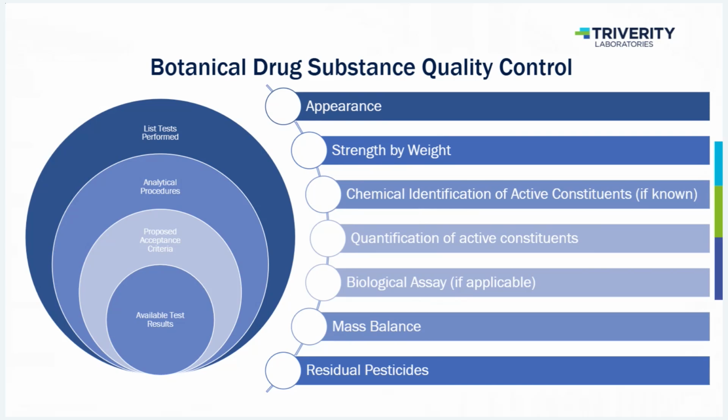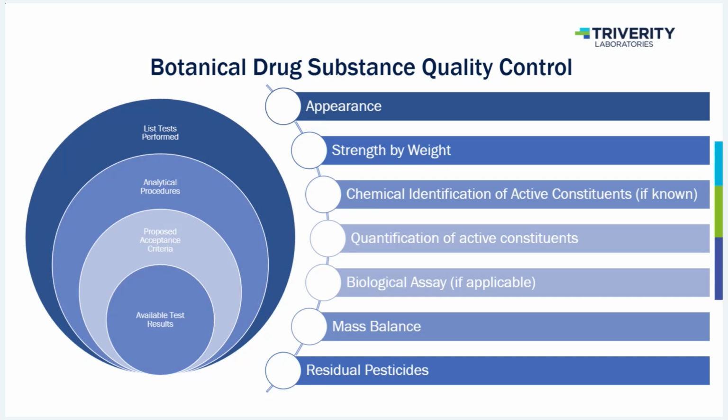The biological assay isn't something that is required for every botanical drug, but it is a tool that can be used if it's difficult to chemically characterize the botanical drug substance. And then mass balance of your BDS.